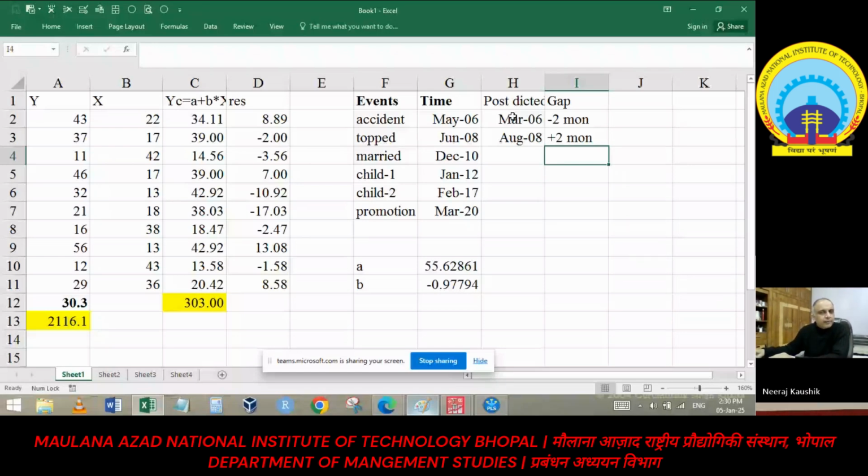Actually, the accident happened in May 2006. Prediction was March 2006. There is a gap of 2 months. Actual was June 2008. The astrologer predicted August 2008 for academic excellence. Again, there is a gap.